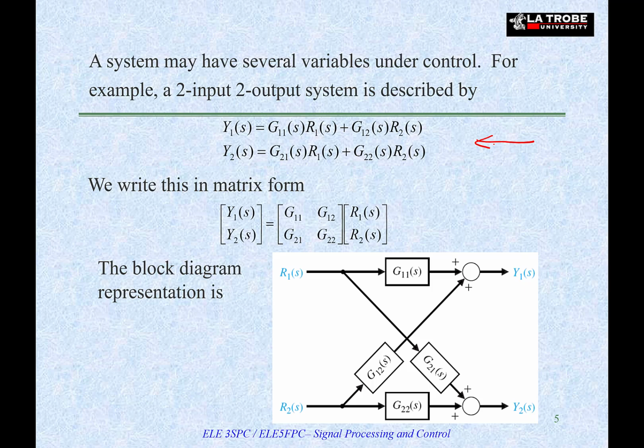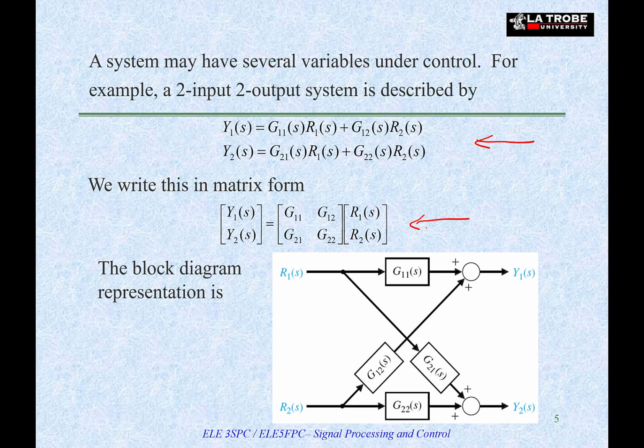By the look of it, it is hard to see the relationships between the inputs and the outputs. Even if we write this in matrix form, which looks more compact, it is still not that obvious to see the relationships between the input variables and the output variables.